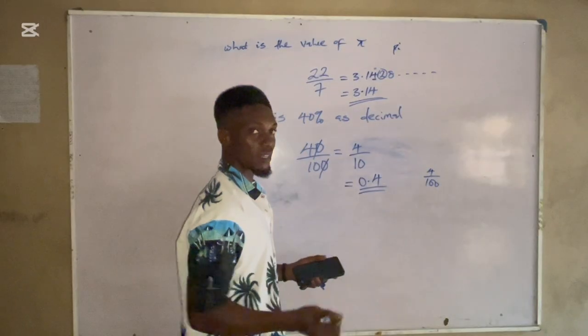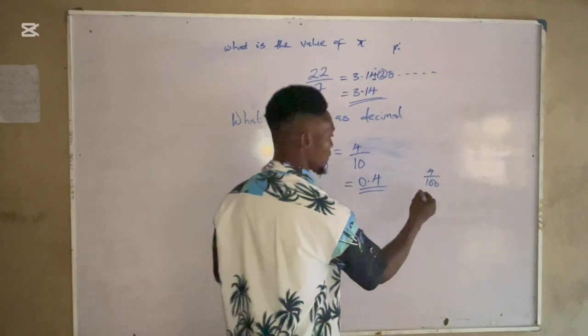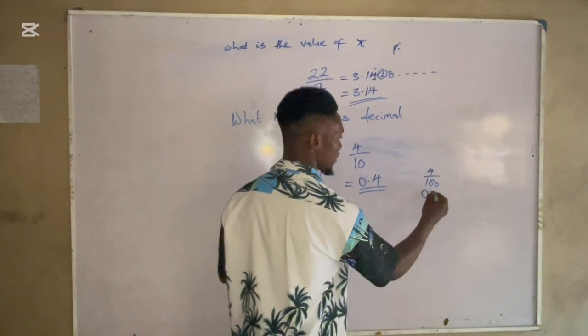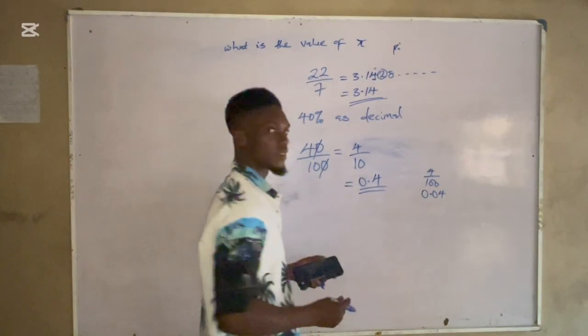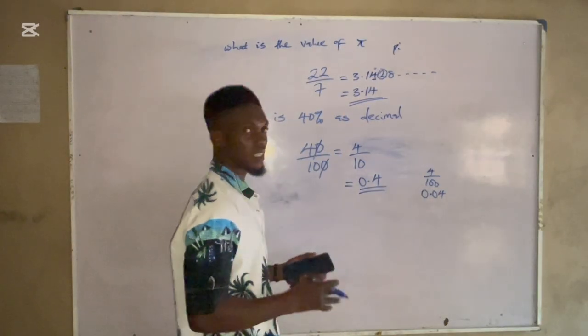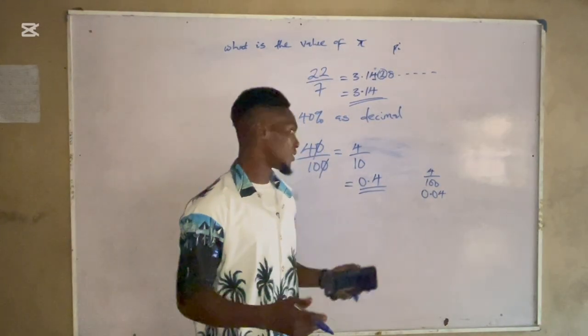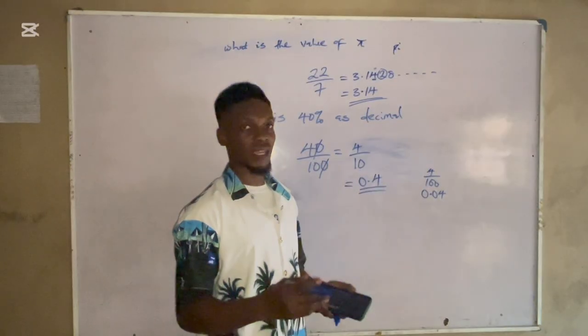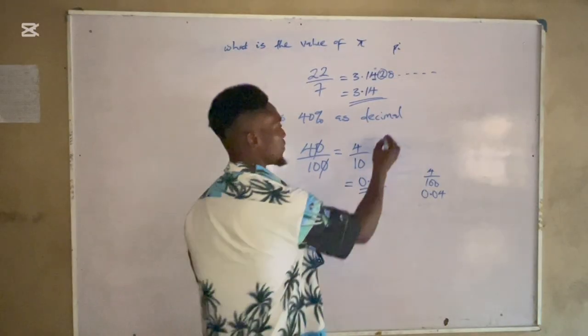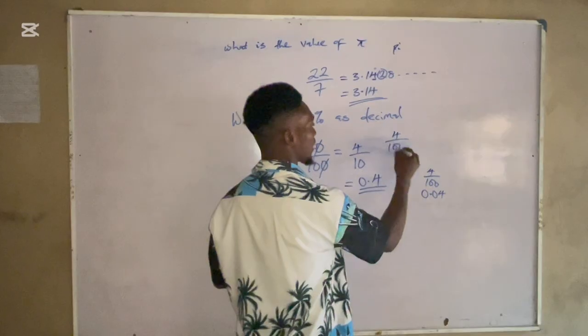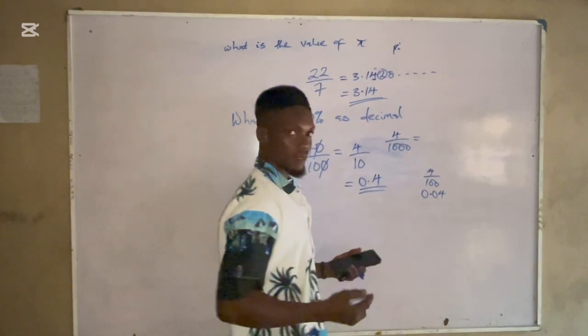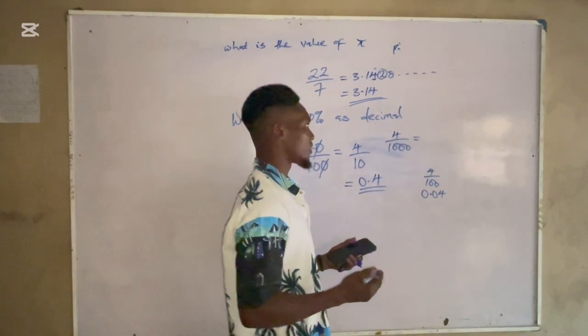Assuming you have 4 divided by 100, you need to see 2 zeros before your 4. That is 0.04. That's how division works. These are the shortcuts we have in dividing numbers by 10, by 100, by 1 with zeros. If I have 4 divided by 1000, what will it be now? I know you'll be calculating in your mind.